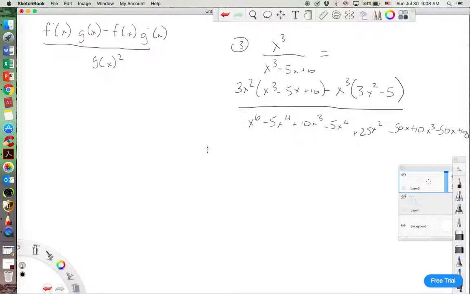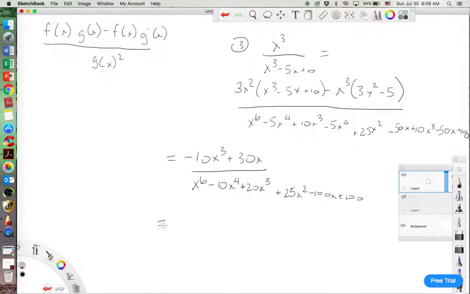So let's simplify. On the top, we end up getting negative 10x cubed plus 30x, and that is all over x to the 6th minus 10x to the 4th plus 20x cubed plus 25x squared minus 100x plus 100.